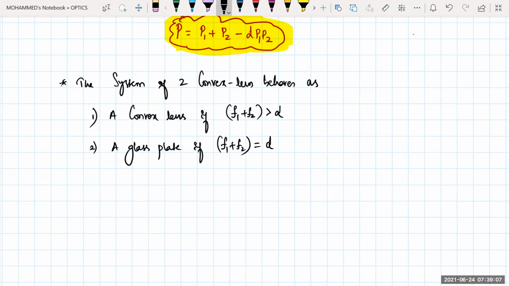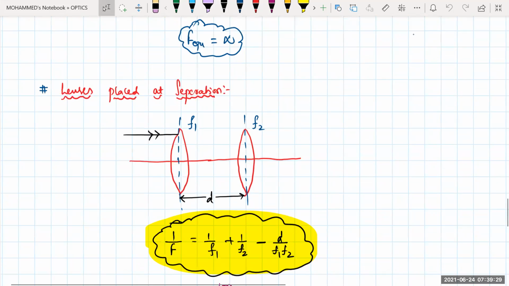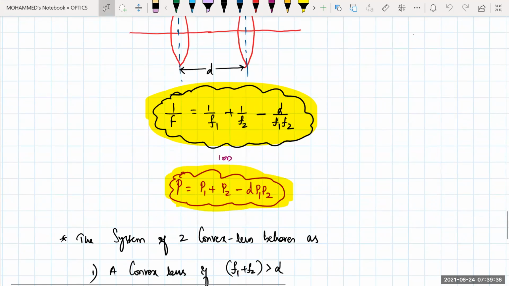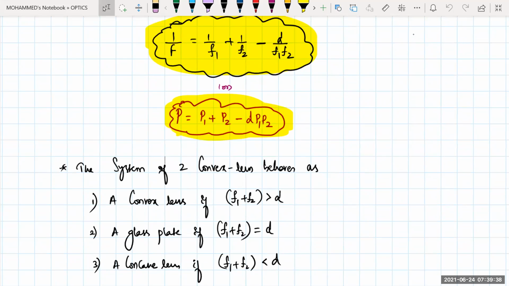And it will act as a concave lens if f1 plus f2 is lesser than d. When a problem is given with f1, f2 and d, I can identify whether it will be convex, concave, or a glass plate, depending upon the combinations. Got it?